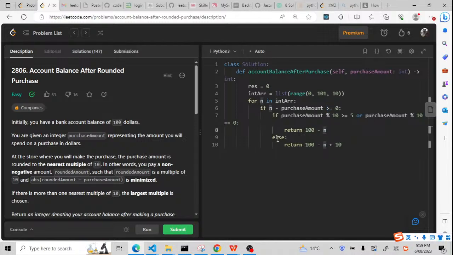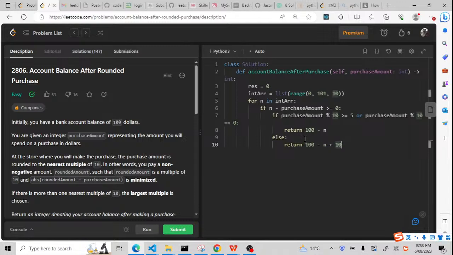And there is another condition, the else condition. The purchase amount modular 10 is not more than or equal to 5, it is less than 5, but also not equal to 0. It means 1, 2, 3, and 4. So what's going to happen? It's still 100 minus n, but we need to plus this 10.